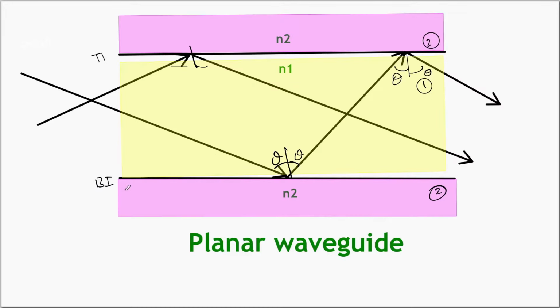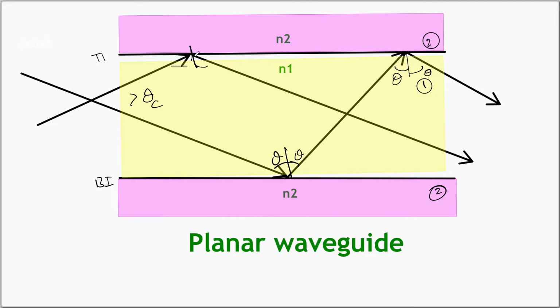Now we introduce one more slab below the slab with refractive index N1, which means we have two identical slabs above and below the slab that is made of material 1 with refractive index N1. If we have a ray that is entering this arrangement and touching the interface at, say, this point, it is making an angle of incidence that is greater than theta c, that is the critical angle of incidence.